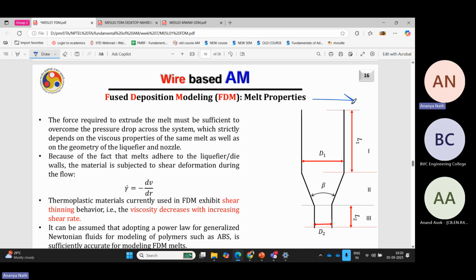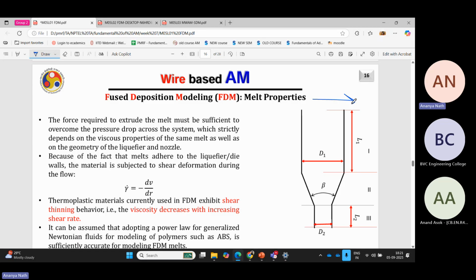So these process parameters depend on the melting point of the plastic. Plastics also have the glass transition temperature. Those also need to be studied, but melting point is enough in this case. Then how viscous it is, or what are the properties?